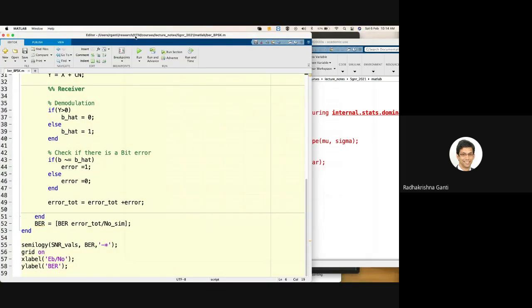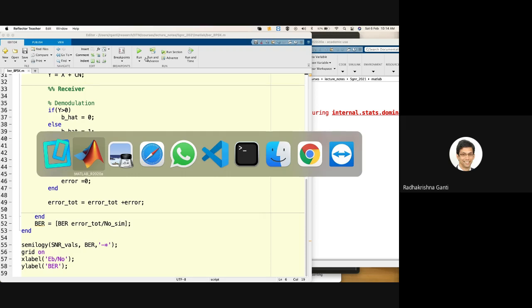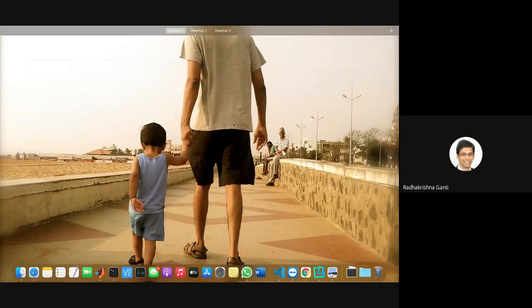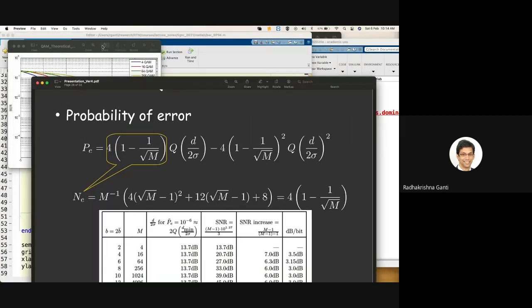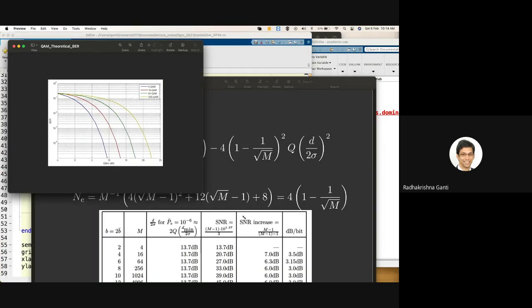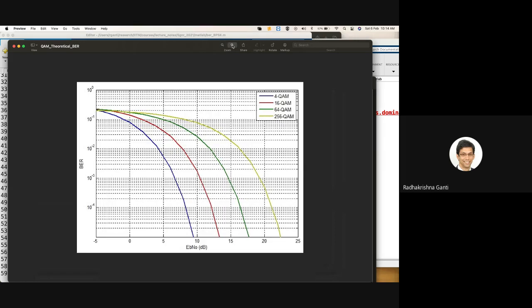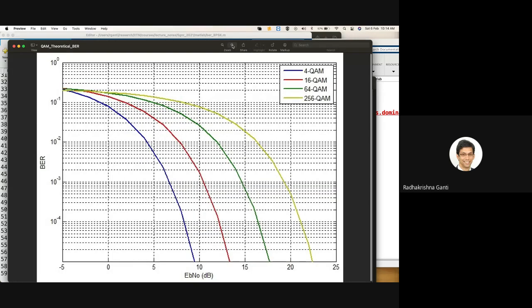I'm going to show you some more curves. Just 1 minute. This is something that I found on the net. These are the bit error rate curves for 4 QAM, 16 QAM, 64 and 256.